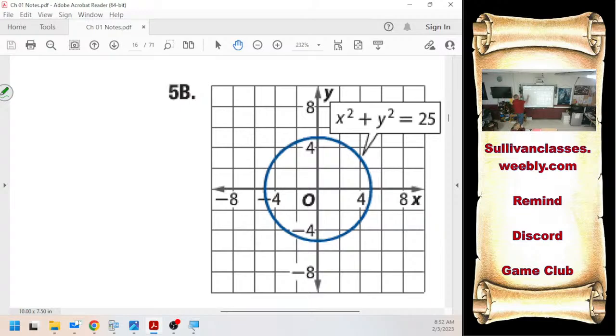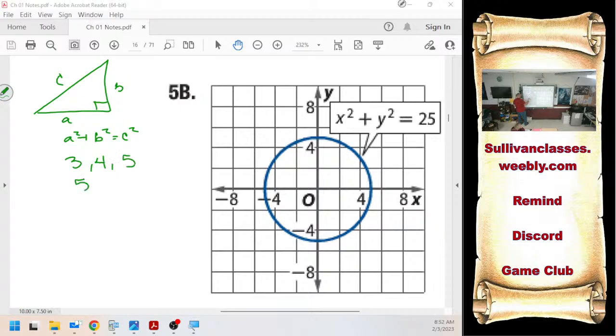No? Pythagorean triples, anything that satisfies the Pythagorean theorem, a squared plus b squared equals c squared. There's 3, 4, 5. There's 5, 12, 13. There's 8, 15, 17. These are the 3 most commonly used ones, and then they're multiples. So like 6, 8, 10 is also a Pythagorean triple.